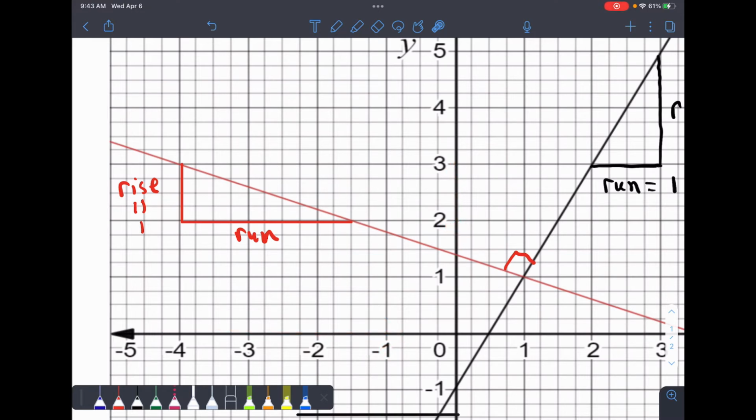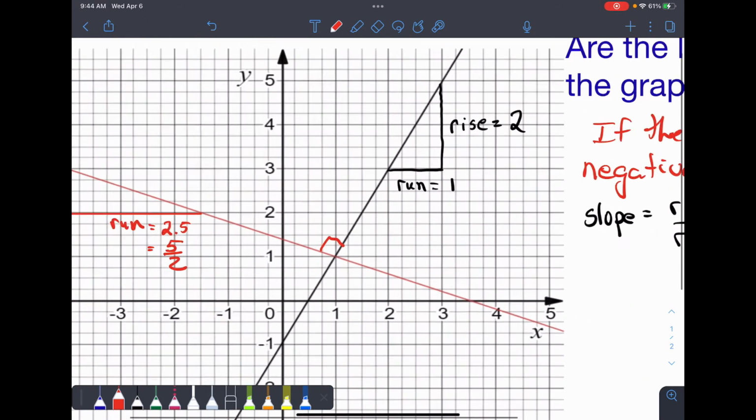So our rise is actually -1. And what's our run? Well, we go 1 unit this way, another unit, and then a half unit. So our run is equal to 2.5, or as a fraction, we can write this as 5 halves.